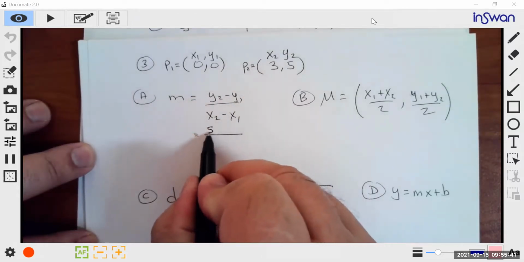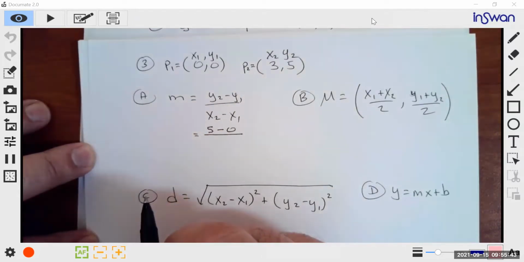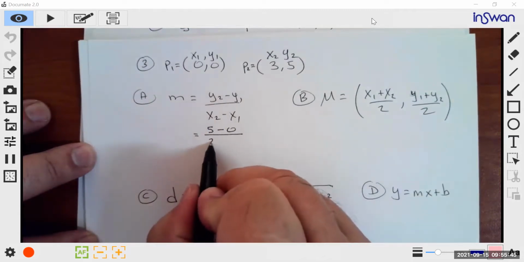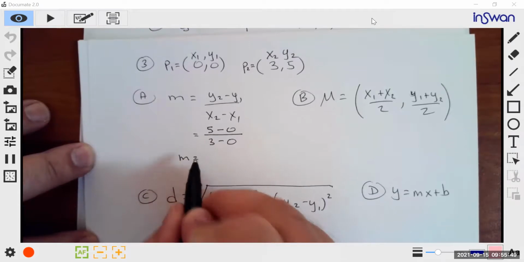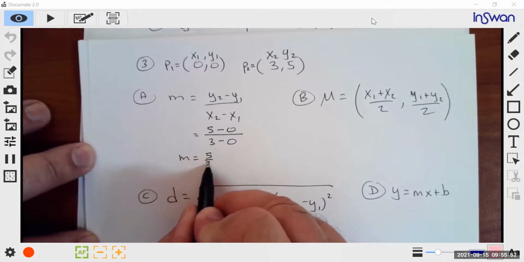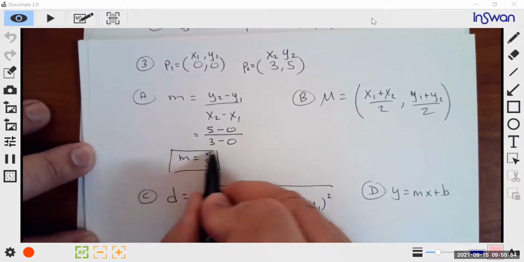Y2 is 5 minus 0, 3 minus 0. So the slope is 5/3.